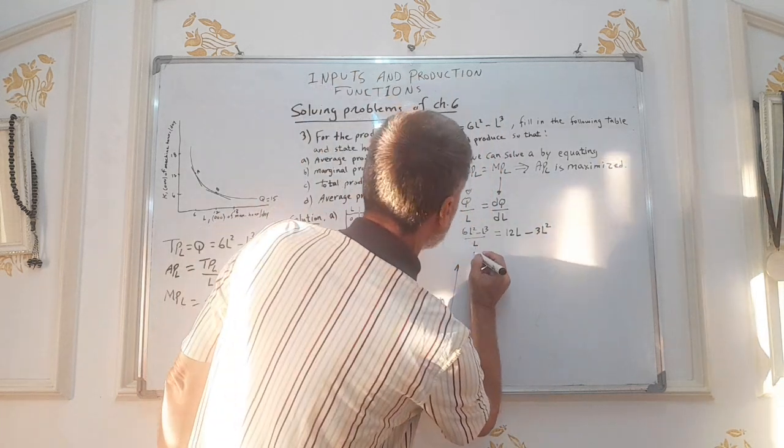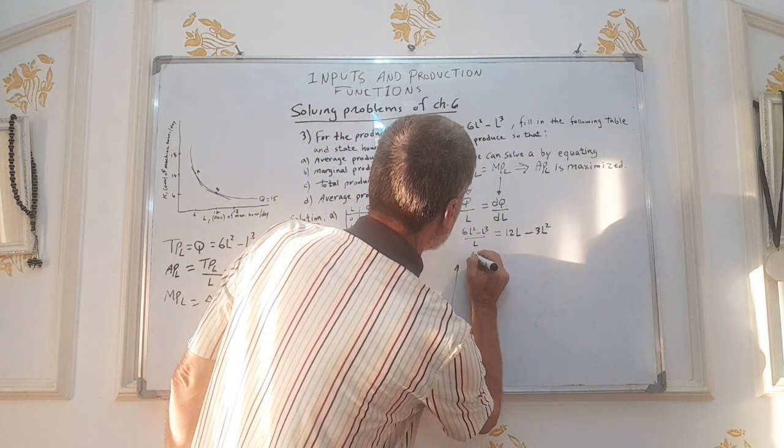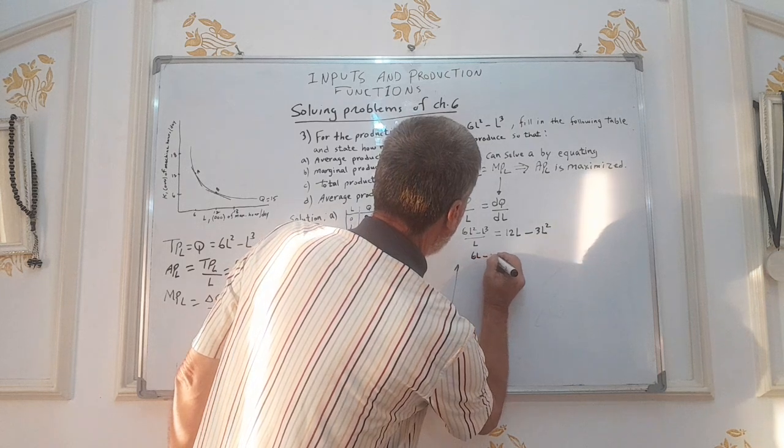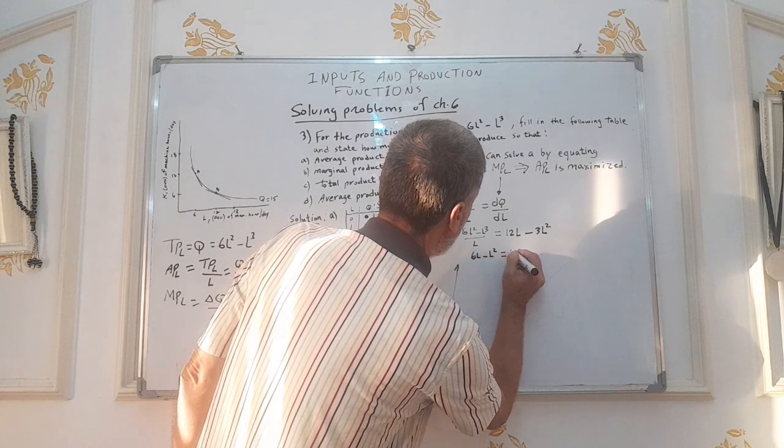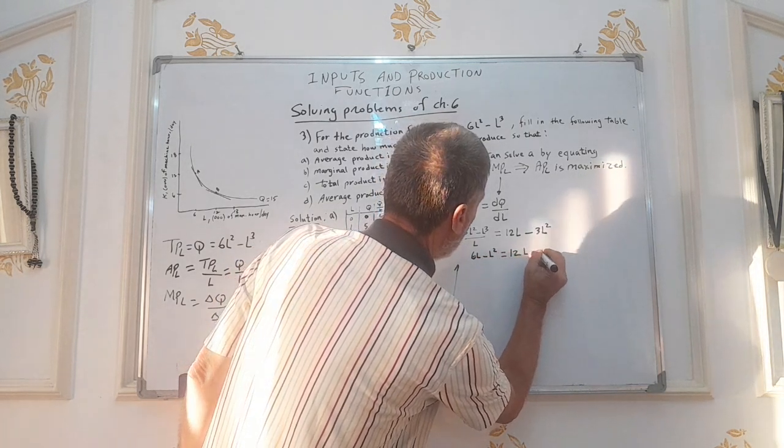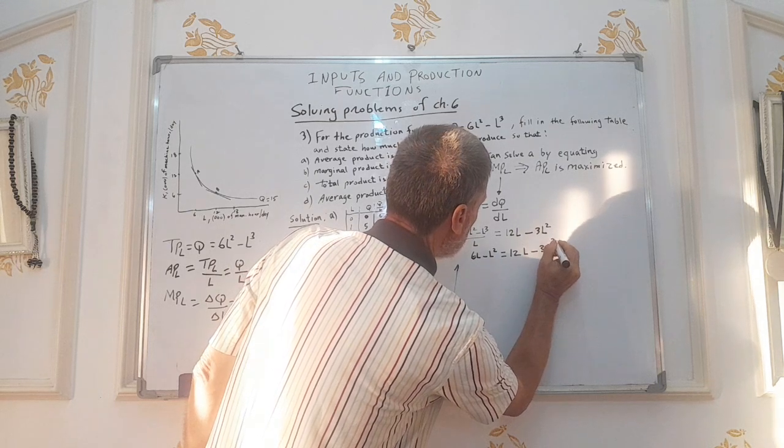So what do you get over here? You get 6 L minus L squared is equal to 12 L minus 3 L squared.